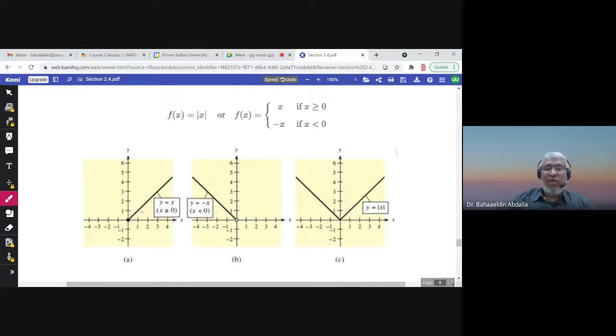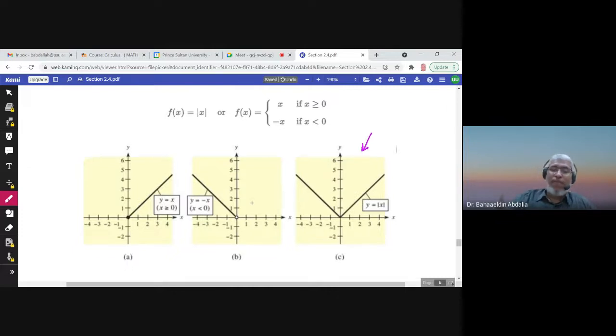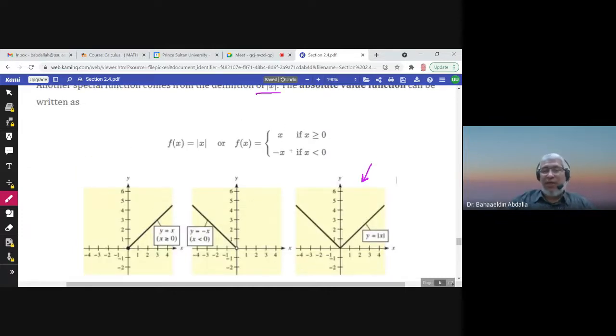So y equals x in this interval, and y equals negative x in this interval. And when we put them together in one graph, this would be the graph of absolute value of x.